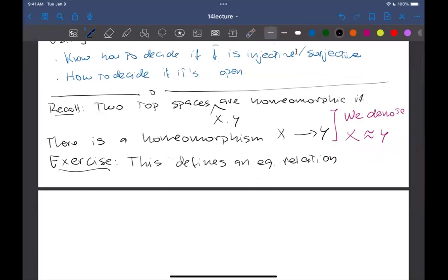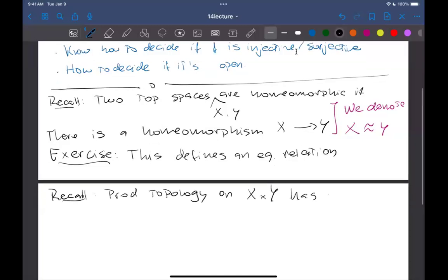And the last thing I want to mention before we start with today's examples is the product topology, because at some point I will use this. So the product topology on a Cartesian product of two sets has a basis, let's call this P sub product, which also coincides with what we call the subbox.